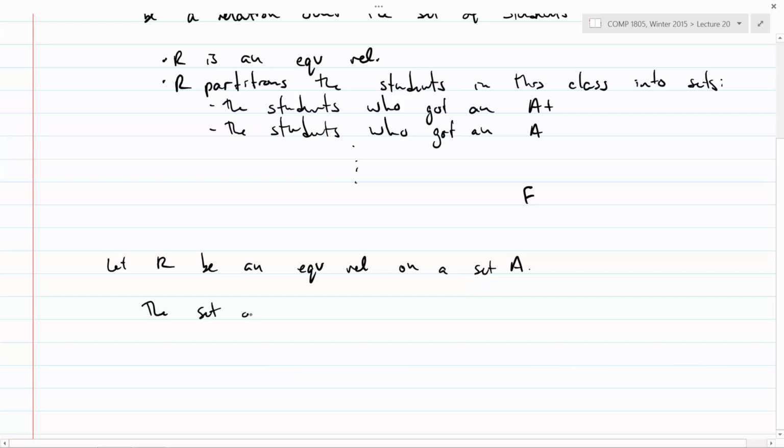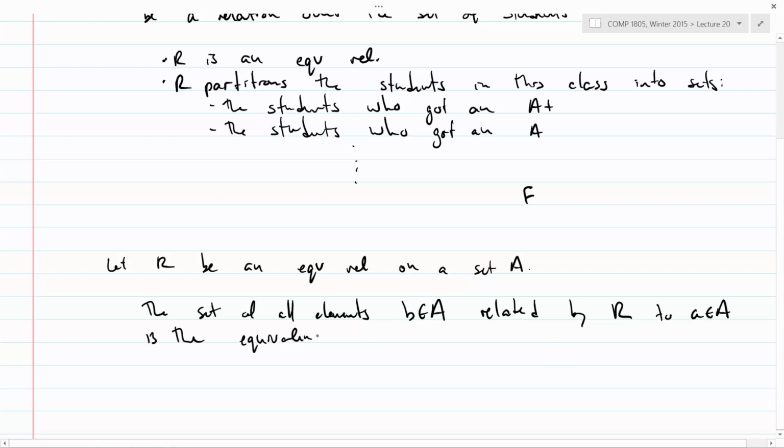So the set of all elements b in A related by R to a in A is the equivalence class of a.